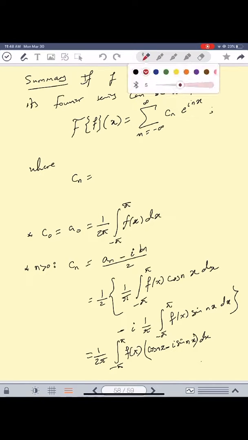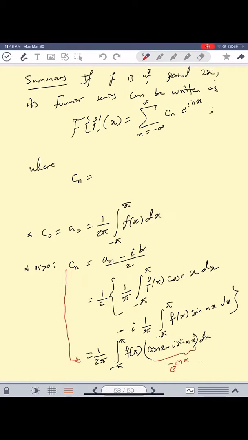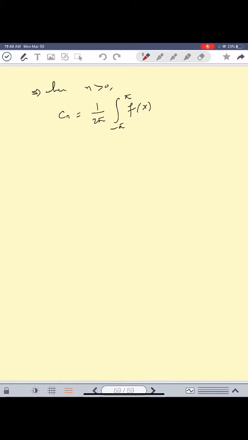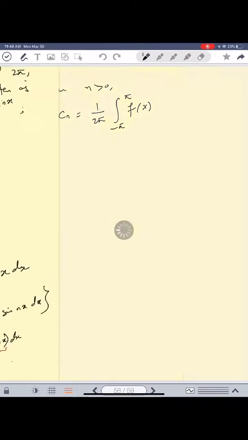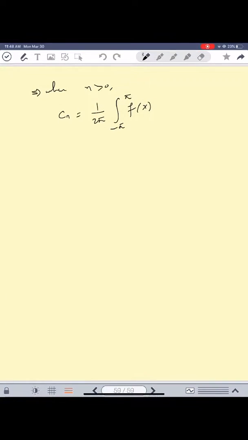Now, what is this thing? This is exactly e to the negative I n x. So in the end, we have when n is positive, Cn is 1 over 2 pi times the integral f of x times e to the negative I n x dx. This is what we have when n is positive.